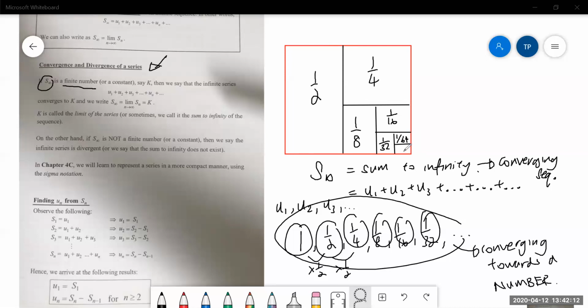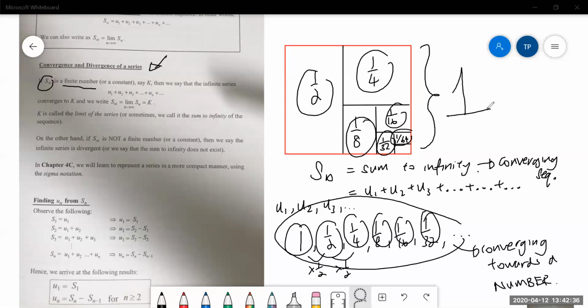Can you see where I'm heading to? I use half plus 1/4 plus 1/8 plus 1/16 plus 1/32 plus 1/64. I can keep dividing the squares up. At the end of the day, when I add to an infinite number of terms, even to the 9 millionth term, it's going to converge towards a number. And the number here in this specific scenario is going to be 1.